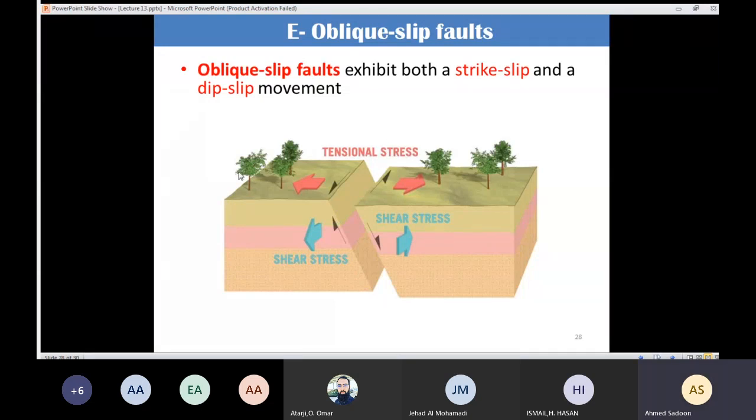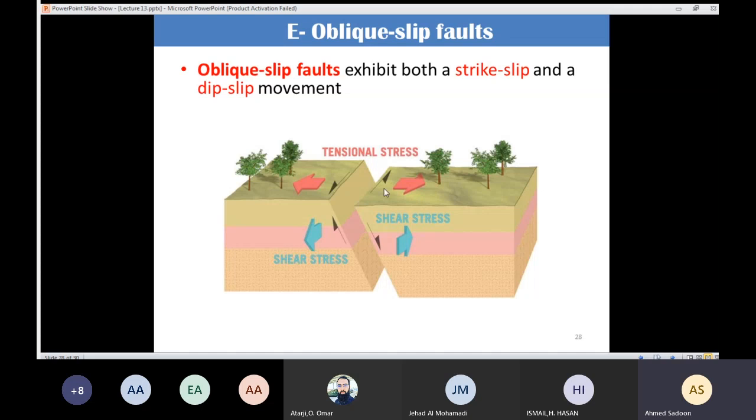And if that case is presented, we are going to call it oblique slip faults. So I need to have tensional stresses. I'm going to witness displacement in the strike direction. I'm going to witness displacement in the dip direction.